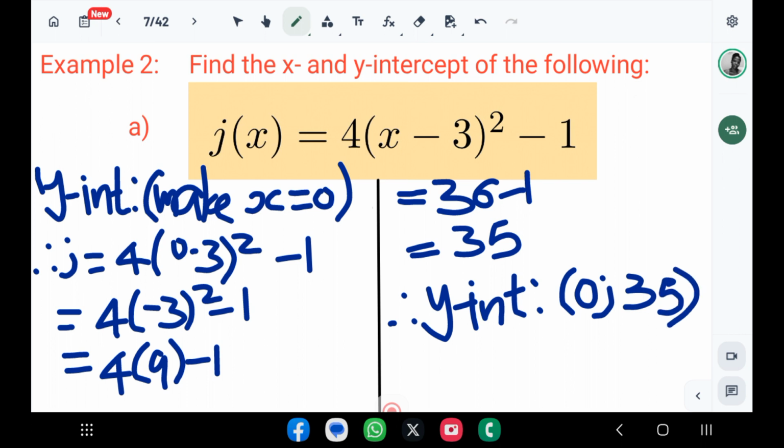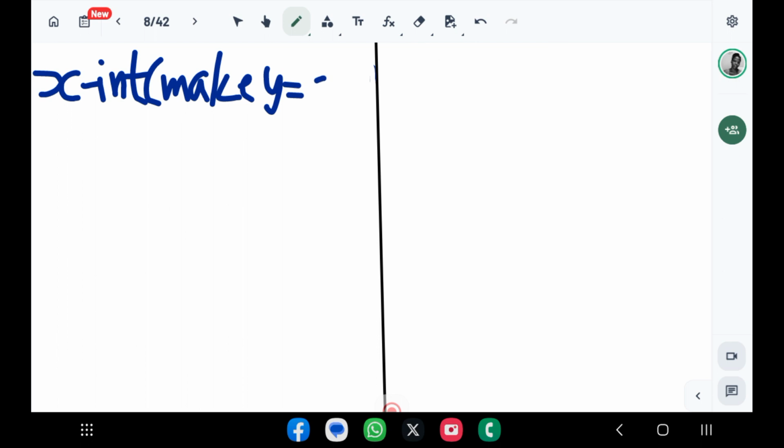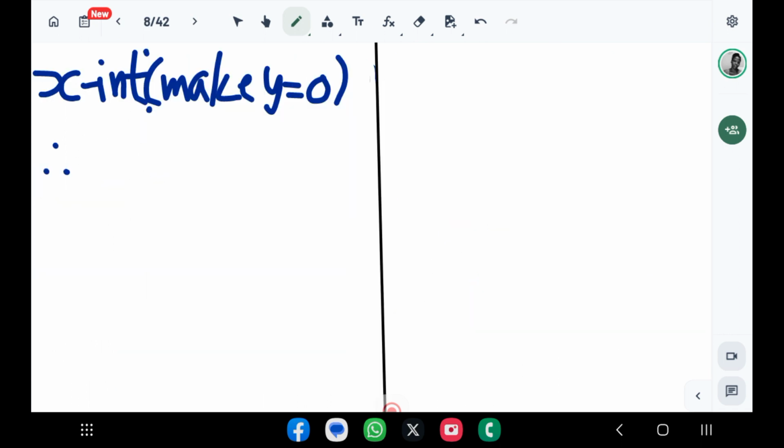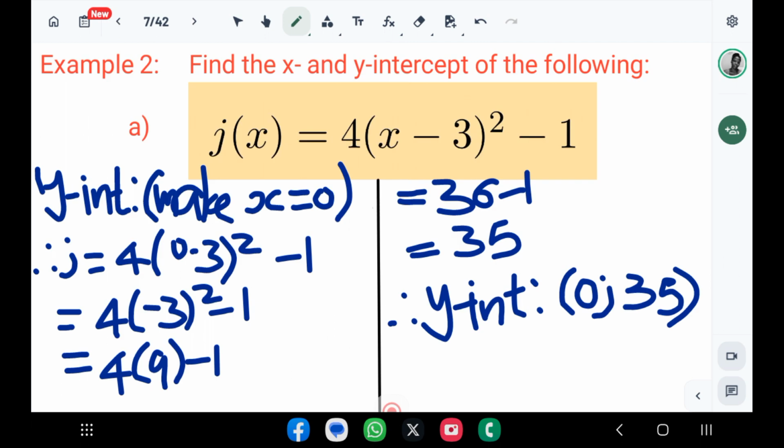Now let's look at the x-intercept of this one. X-intercept, you make y 0. When we make y 0, we've got 0 equals 4 in bracket x minus 3 all squared, I think it's minus 1.